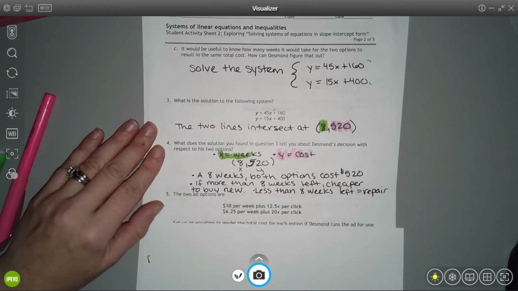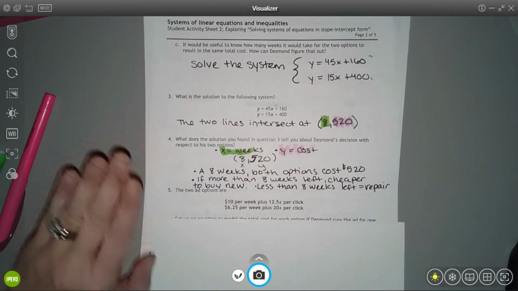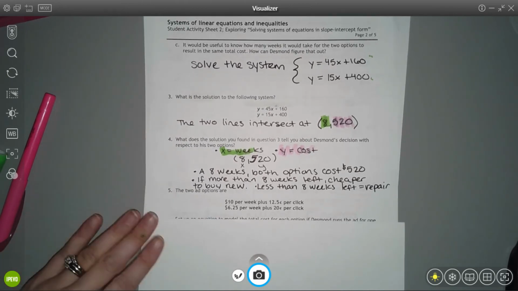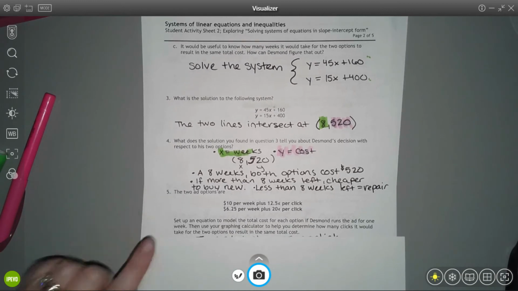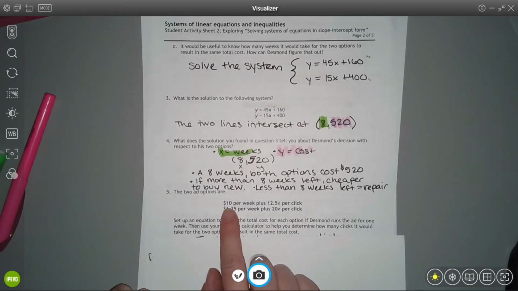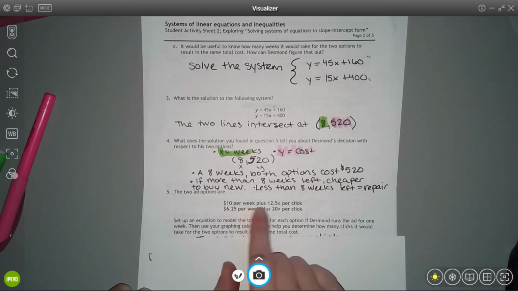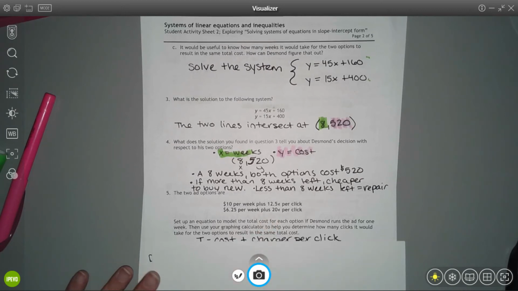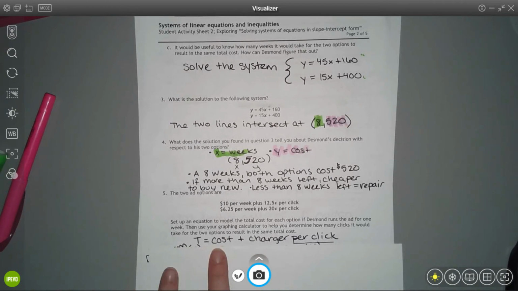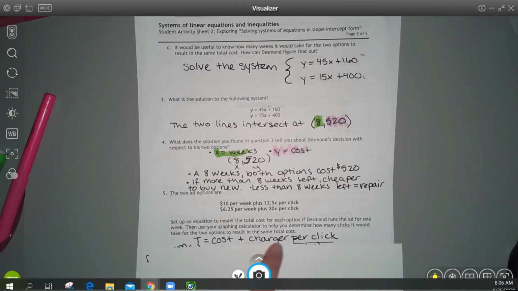Now he's got to figure out his advertising, so they want us to set up an equation. The first option is going to cost him $10 each week plus 12.5 cents per click that people do. The second option is $6.25 per week plus 20 cents per click. They want us to set up the two equations, with Y representing the cost each week plus the charge per click.